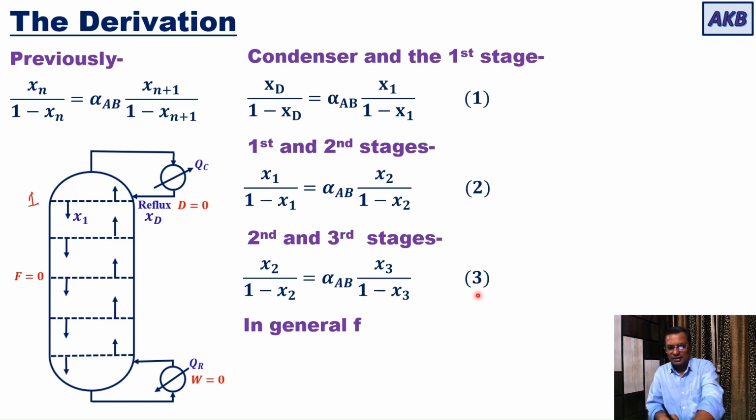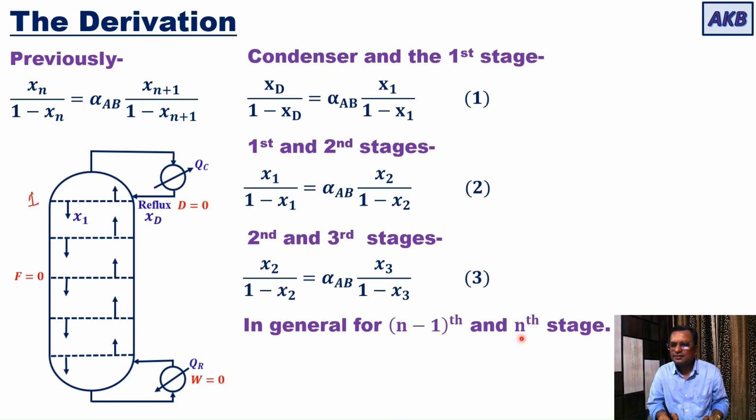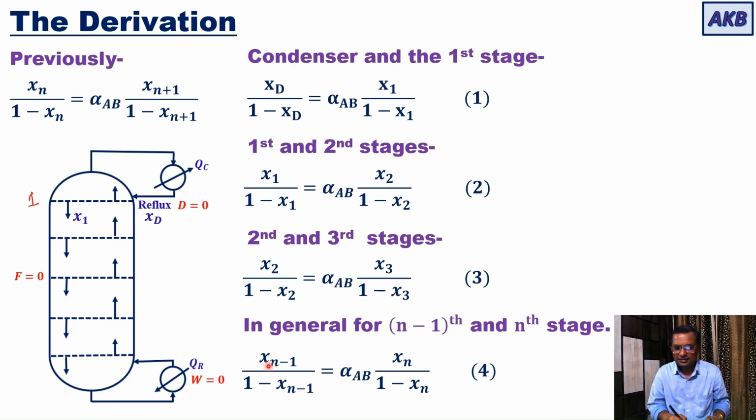In general, if I go on and write for the n minus 1th and nth stage, that means the n minus 1th stage on the left hand side and the nth stage on the right hand side, then the equation will be written like this: X n minus 1 divided by 1 minus X n minus 1 is equal to alpha AB into Xn upon 1 minus Xn, and now I am calling it equation 4.